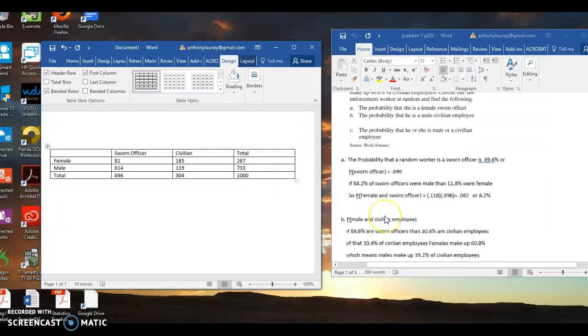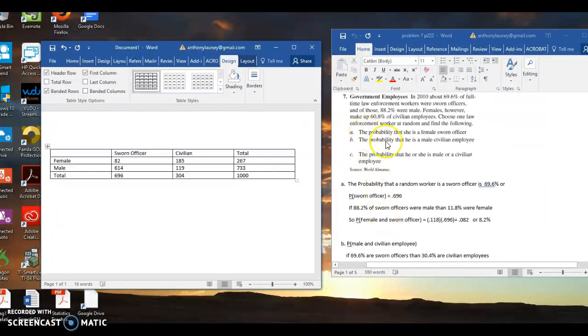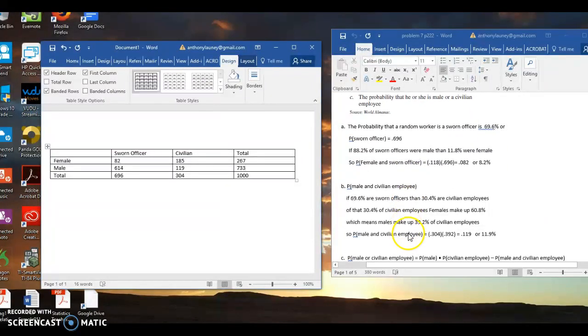Okay. Next one says the probability that he is a male civilian employee. So the solution that's given in the book says if 69.6% are sworn officers, then 30.4% are civilian employees. Of the 30.4% civilian employees, females make up 60.8%, which means that males make up 39.2%.